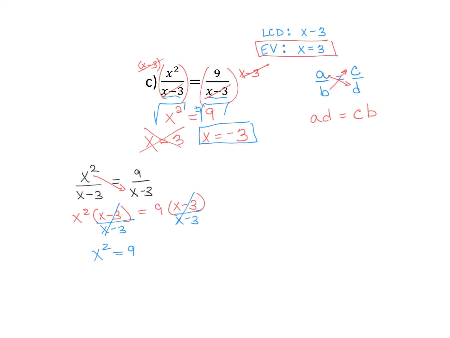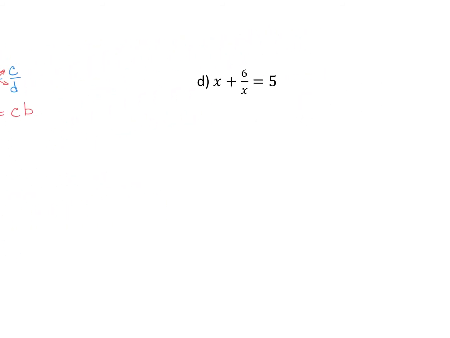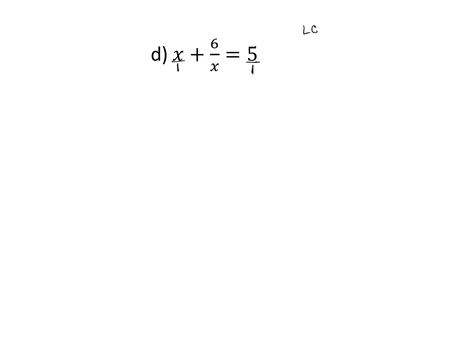All right, let's take a look at D. D says x plus 6 over x equals 5. And as I said before, as long as I have fractions, I may as well make them all fractions. I'm going to put these over 1. I notice that my least common denominator is just x, and my excluded value is x cannot equal 0.